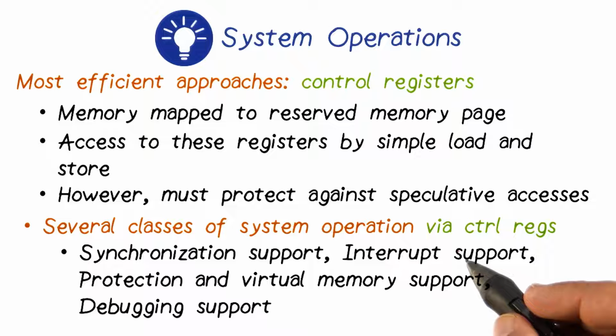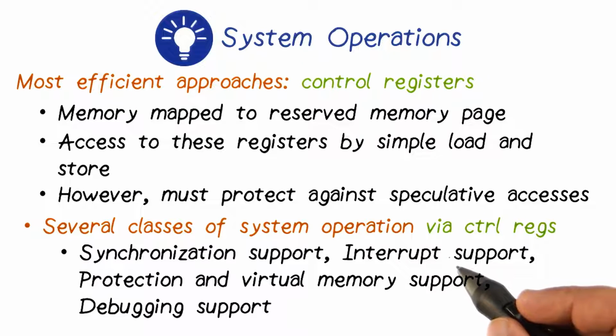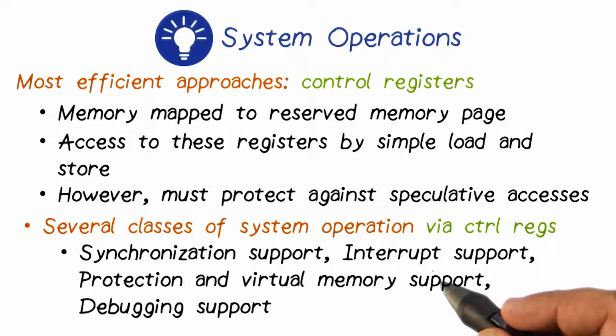Interrupt support: it is quite important to process interrupts, and the control registers play a vital role in making sure that interrupt handlers are invoked and so on. The other job is protection and virtual memory support, in terms of getting the right values from the right place. And finally, during debugging, they allow you to keep track of certain values which need to be visible to the debugger.